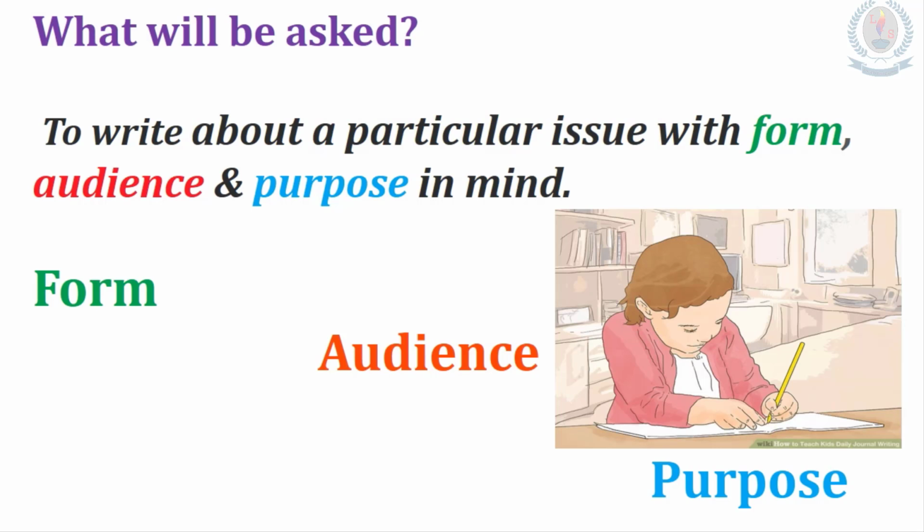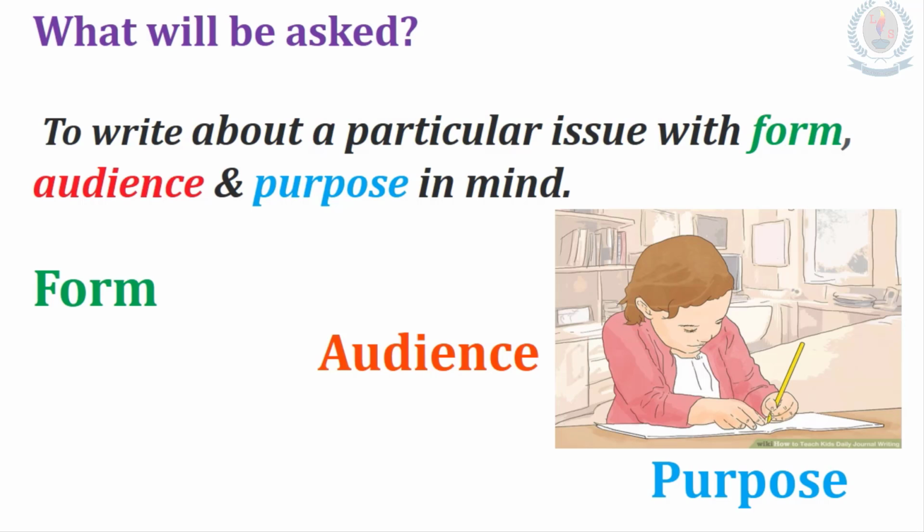Sometimes we can say this might be a letter, an article for a newspaper or magazine, or else a report or a speech. We can mention these as the forms of what you are going to write.